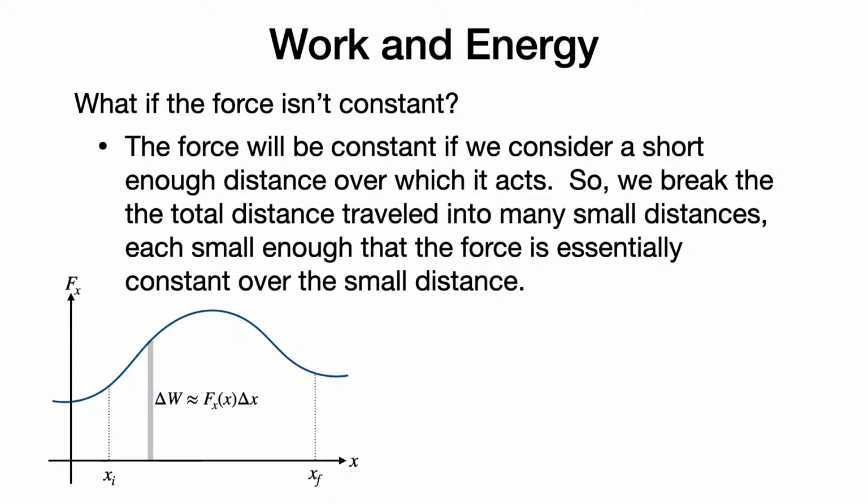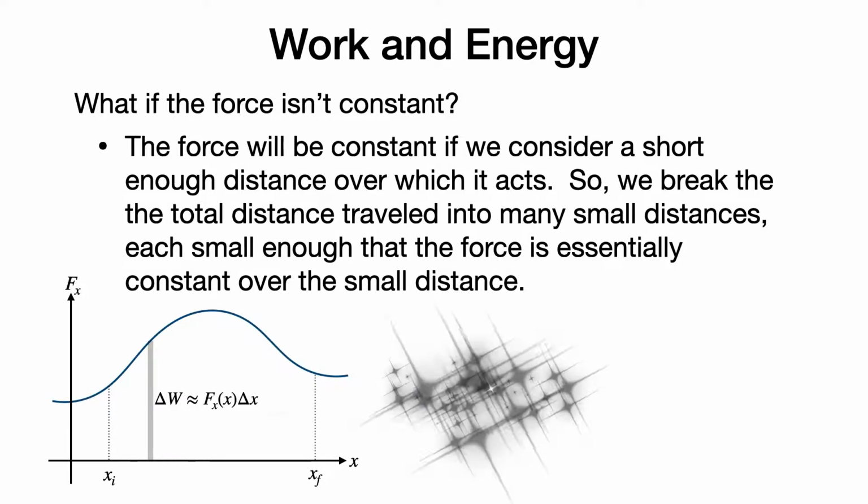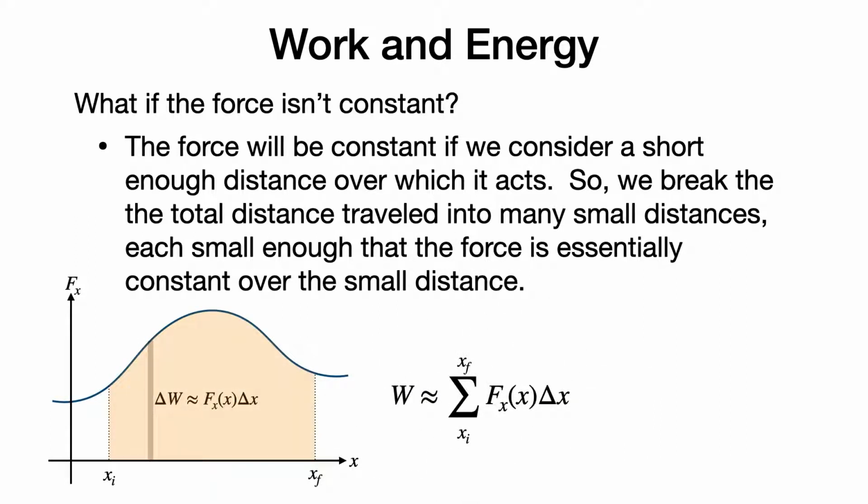We get that delta W, and then we simply sum that up over all the different little delta x's and the corresponding amounts of force over those little delta x's over the entire distance that the object travels from x initial to x final. If we make those delta x's small enough, then what we're doing is multiplying a very tiny width times the height of the curve and summing that up all along the path.